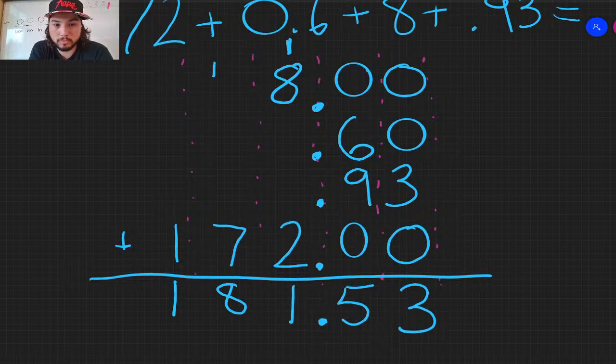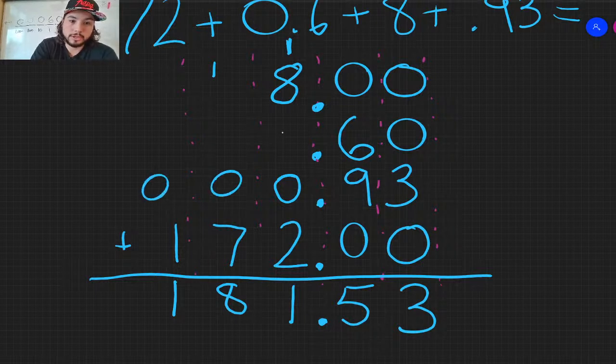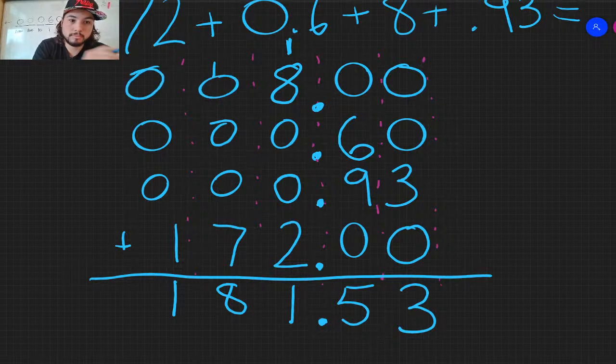Okay, and if we wanted to really get meta with our zeros, right? There's zeros here too. We don't have to write them because they're not holding the place for any value, but they are there.